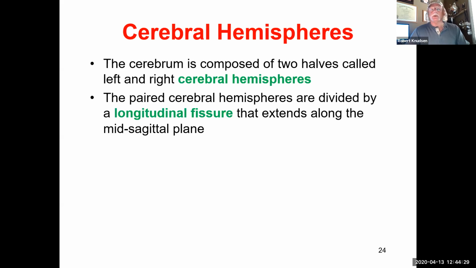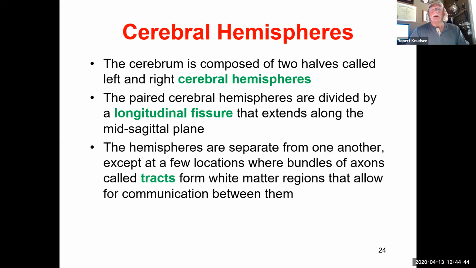Longitudinal fissure. Look at that, mid-sagittal plane. You know what these terms mean. Longitudinal fissure is what we call that fissure that goes from the front to the back, and it is a plane, the mid-sagittal plane. We good? Tracts. Remember, tracts are large amounts of axons cabled together in the central nervous system.